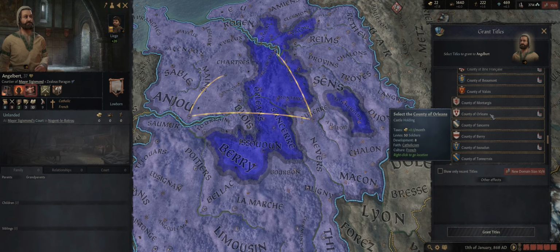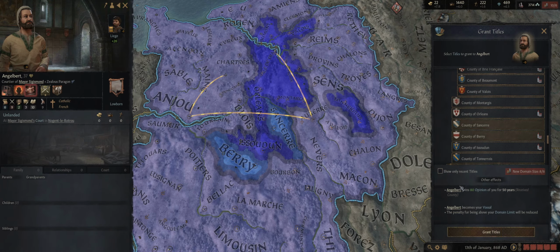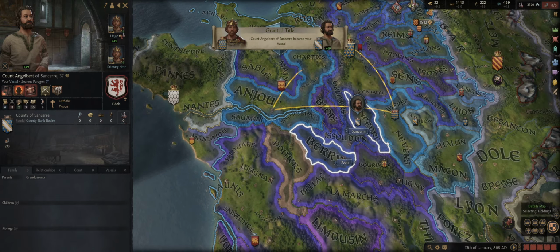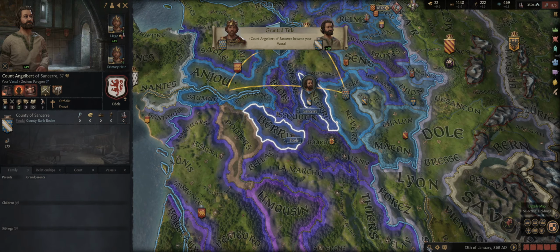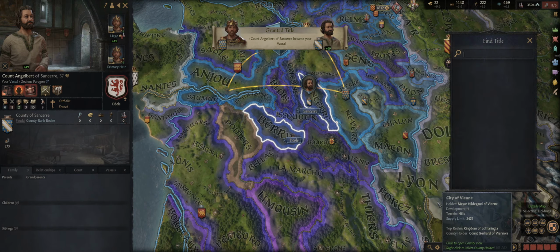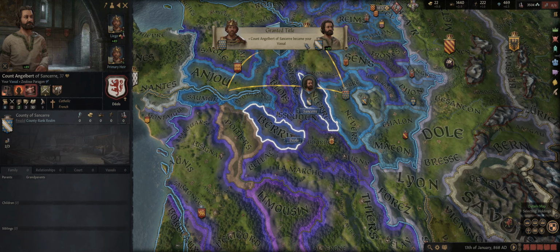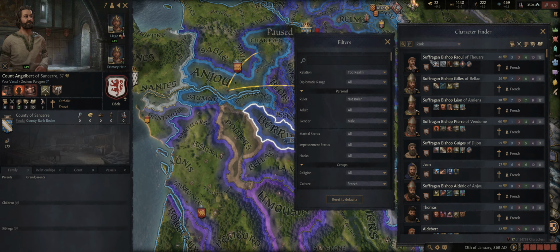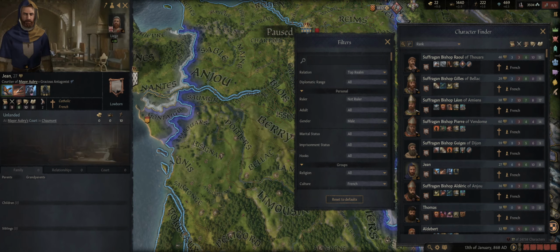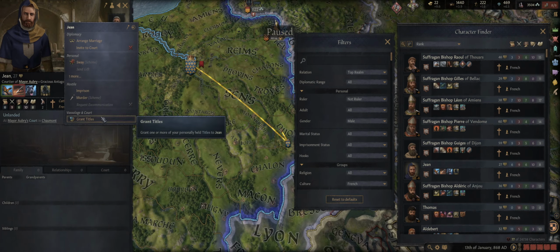Alrighty, so let's just start handing some of this out. In general, you want to keep your vassals weak, so you want to make sure that you don't grant, let's say, all of the titles to this character here. It might not be a good idea. You kind of want to keep everything segregated. So, Gene here, let's go ahead and grant him a title.